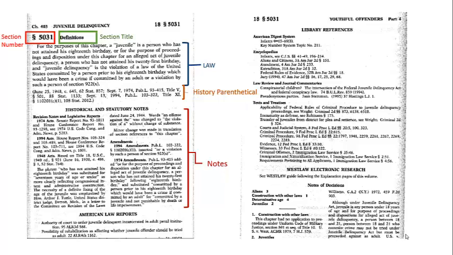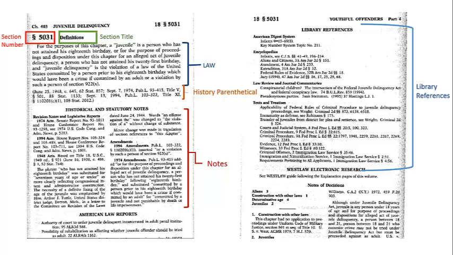You notice up here there was the historical parenthetical which told you when something changed. The historical and statutory notes actually tell you in more detail what exactly changed with each of the acts and amendments. Okay?